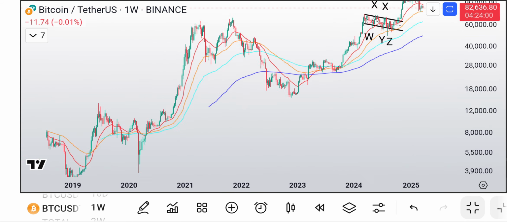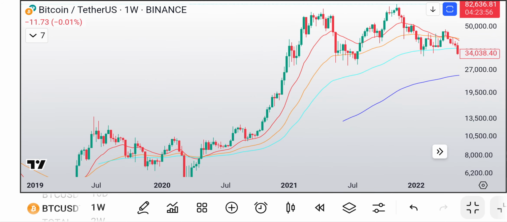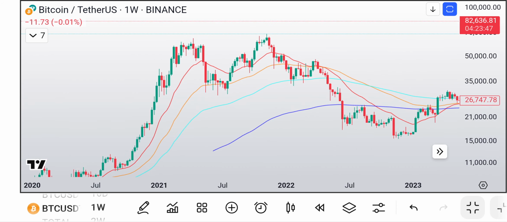Look over here, we didn't even touch the 20. We only touched it once. And then once we broke it, that was it. It was over. Once we broke below the 20, we bounced off the 50, and that's where we are now.